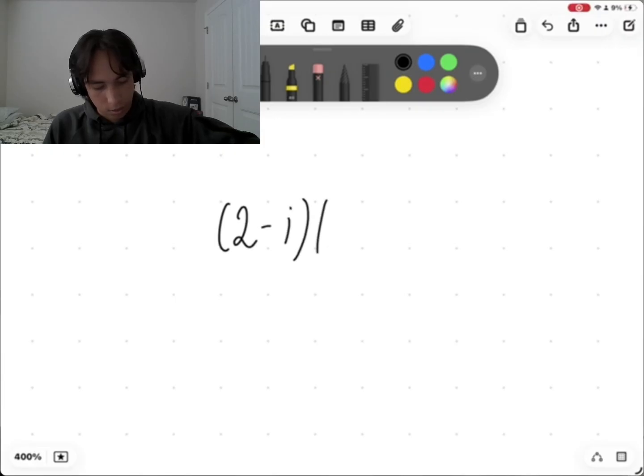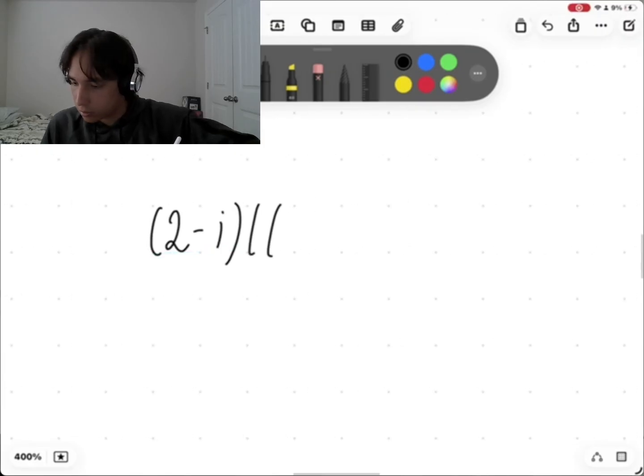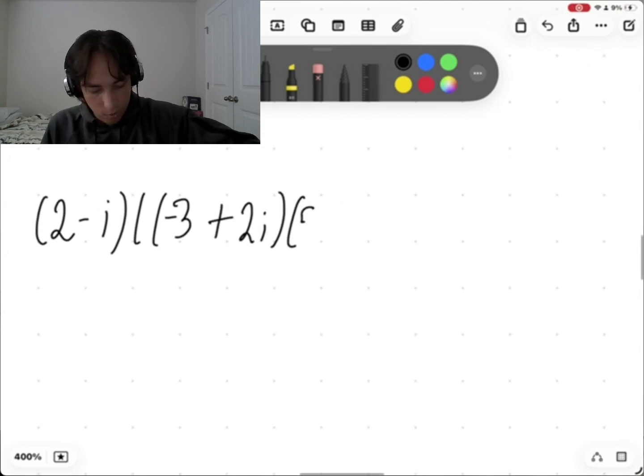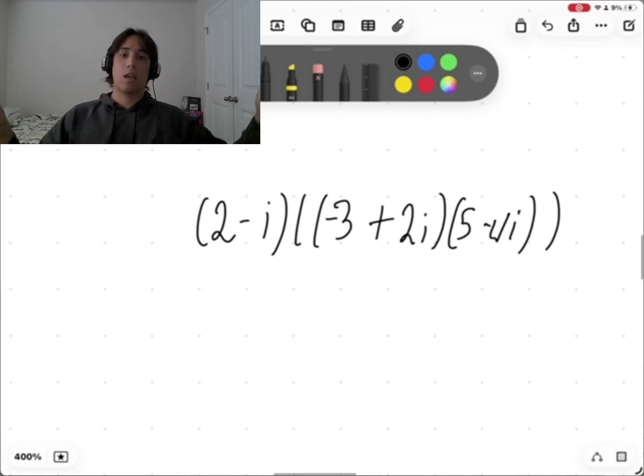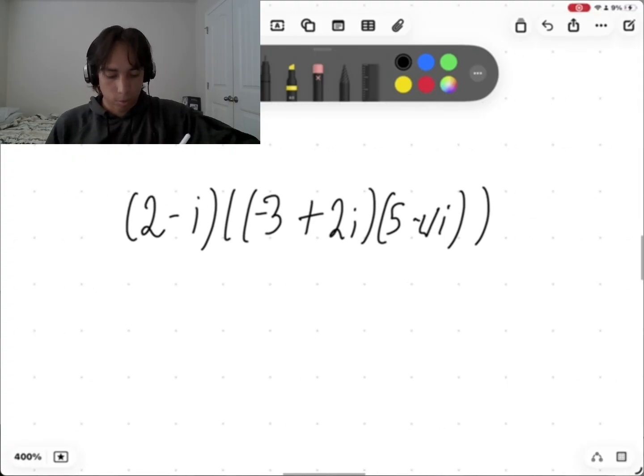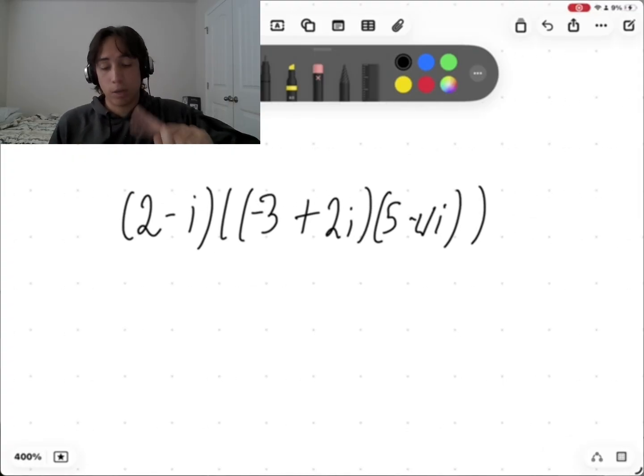2 minus i times 3 plus 2i, times 5 minus 4i. We can apply PEMDAS as well as FOIL.